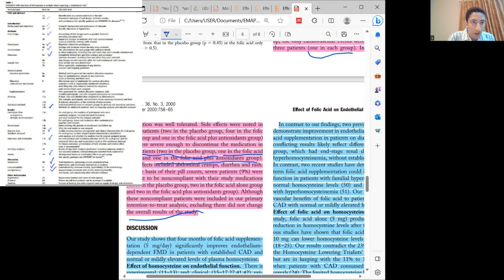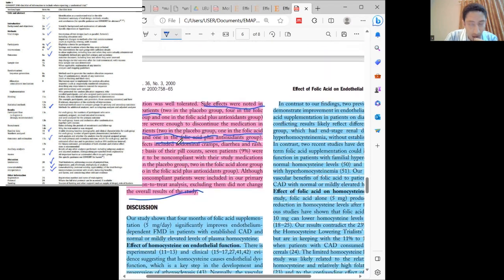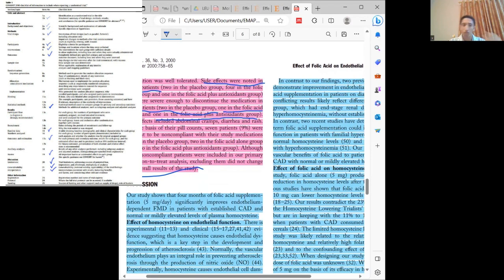Then side effects were noticed in 7 patients: 2 in the placebo group, 4 in the folic acid group, and 1 in the folic acid plus antioxidants group.